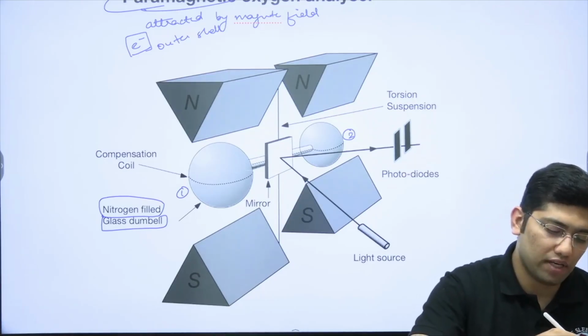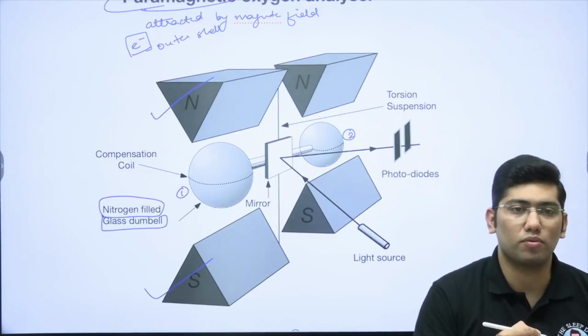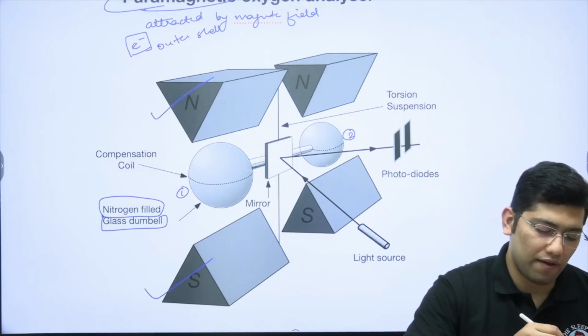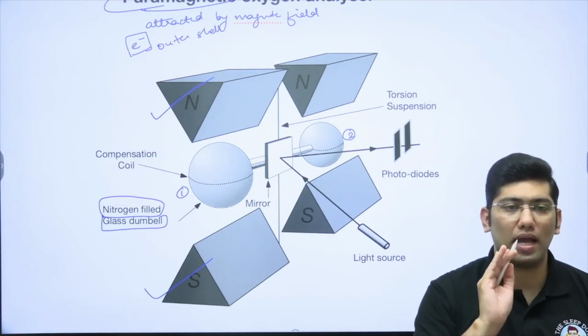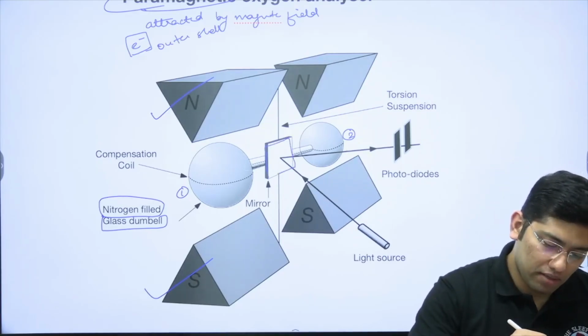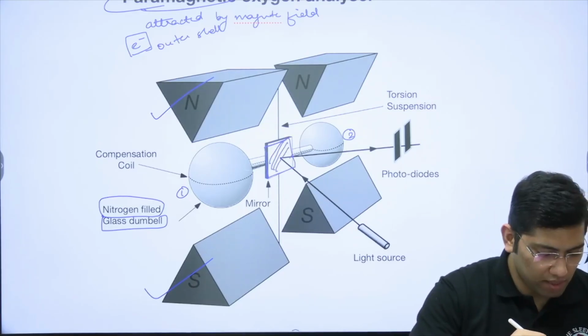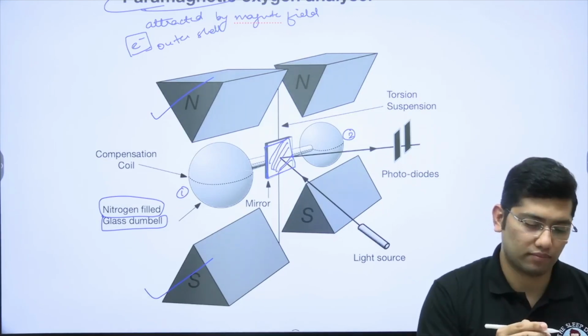So this magnetic field here is the north pole and here is the south pole. So we have nitrogen filled glass dumbbells suspended in a magnetic field. Understood? Now, there is a mirror present in between the glass dumbbells, which is attached to it.